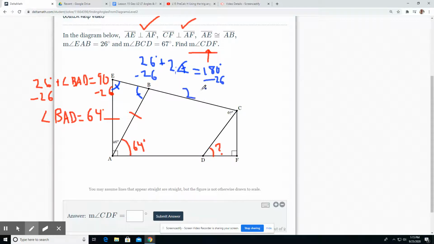And I have 2 of the hashtag angles is equal to 154. 154 divided by 2, so our one hashtag angle is equal to 77 degrees. And let me just confirm, 77 times 2 is 154. So that looks good. So this is 77.